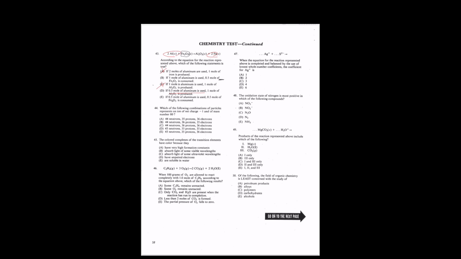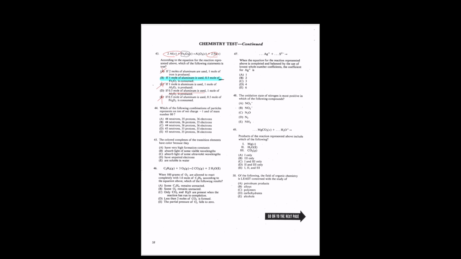Choice E, if 0.5 mole of aluminum is used, 0.5 mole of iron oxide is consumed. We know right away that's not true, because to start with, the ratio between aluminum and iron oxide is different. So we can say that the correct answer is B.